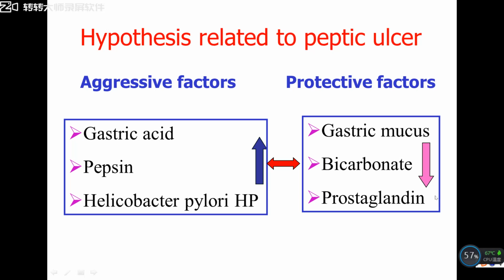On the other hand, the second therapeutic method, we can increase these protective factors, such as using gastric mucosa protectors, basic drugs to neutralize acid, or prostaglandins to treat gastric ulcer.